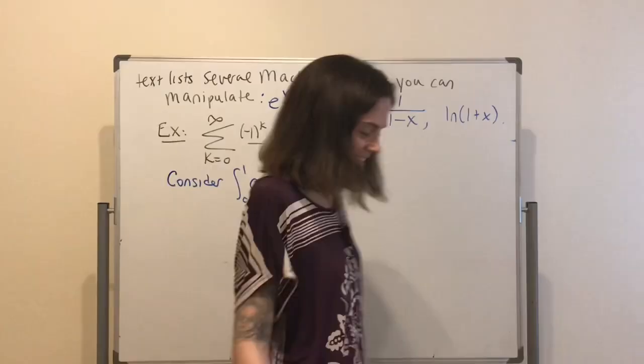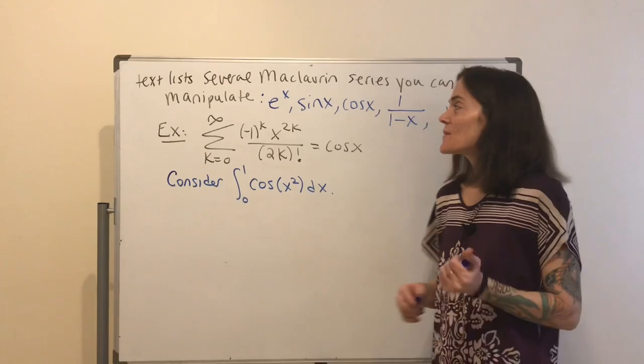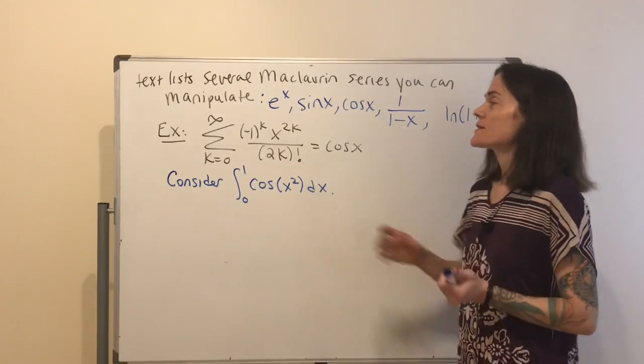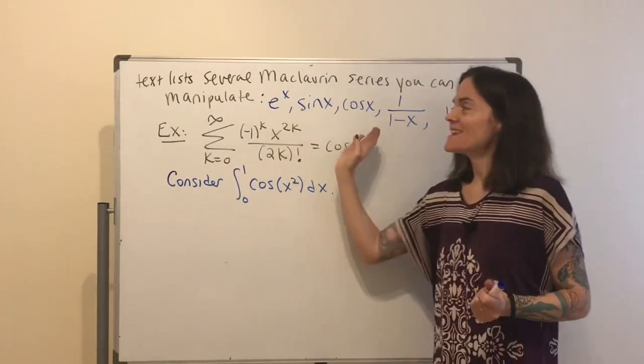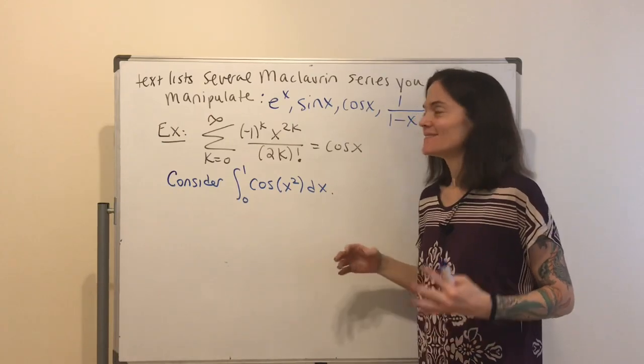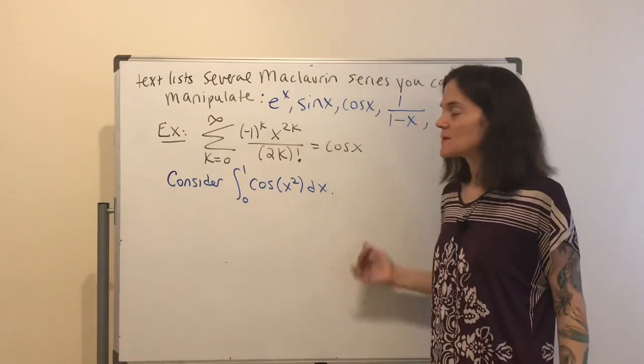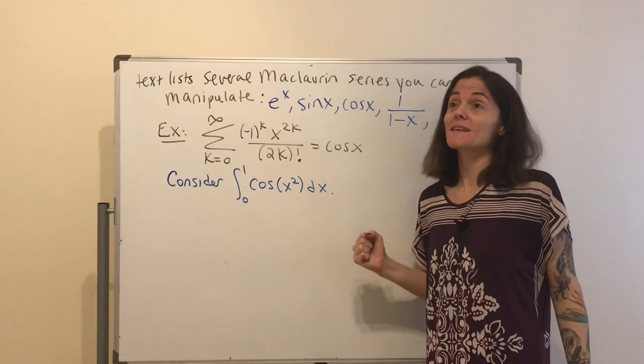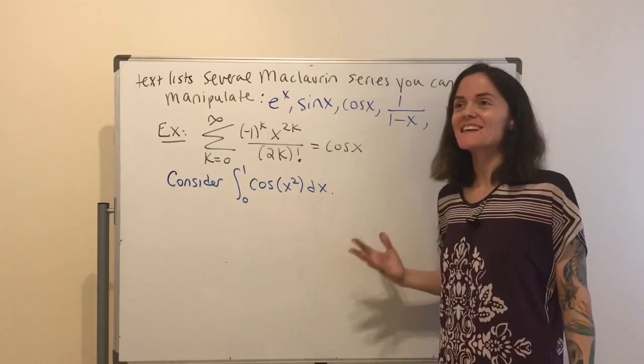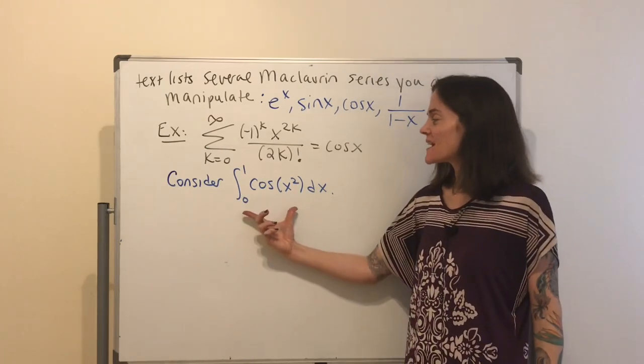For example, here's an example. How could we use one of these to address a really real question that can come up and does come up, which is something like this.